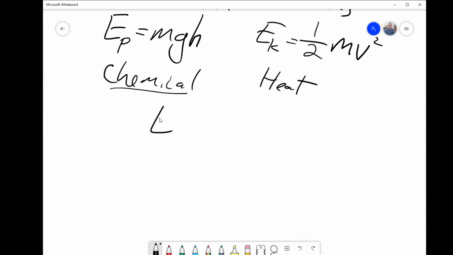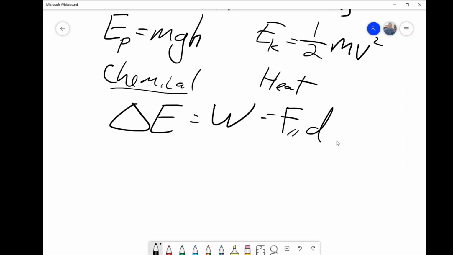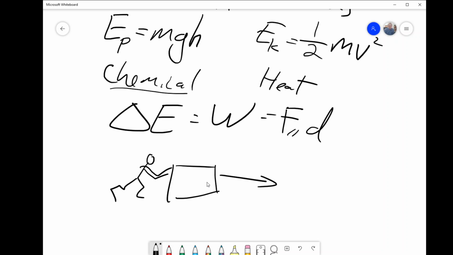And energy moves by doing work. So the change in energy is the work done on an object, and that work done is a force acting parallel to the distance over which things are applied. So if you have a crate and you're pushing it, then the force is parallel to the direction of travel because you're pushing it along the floor.